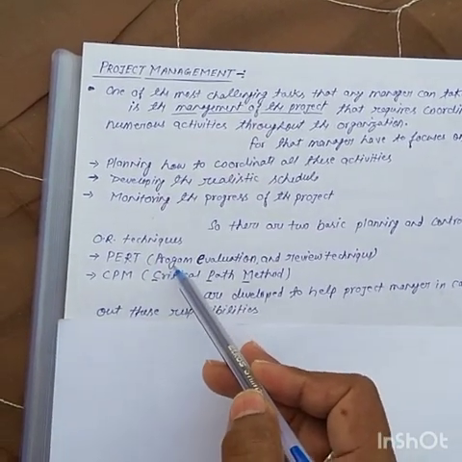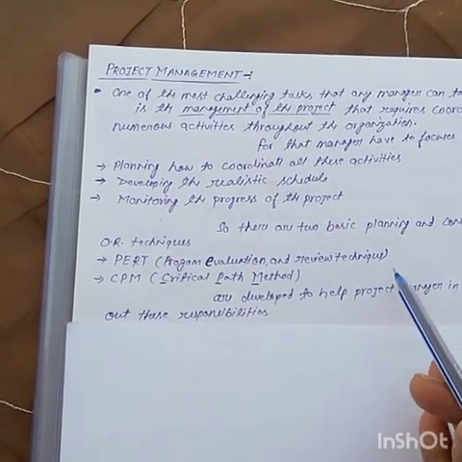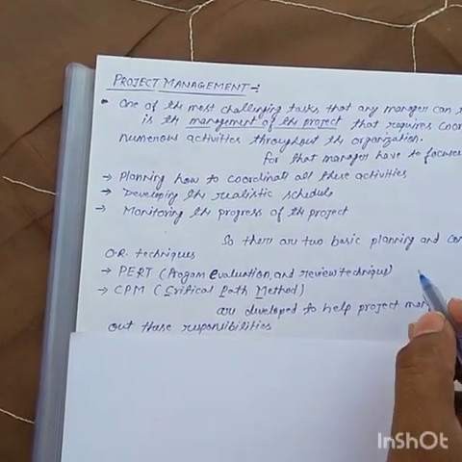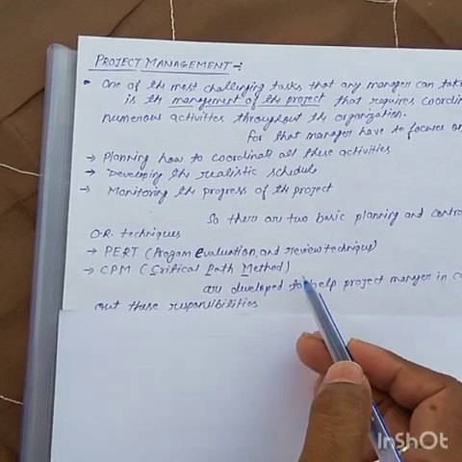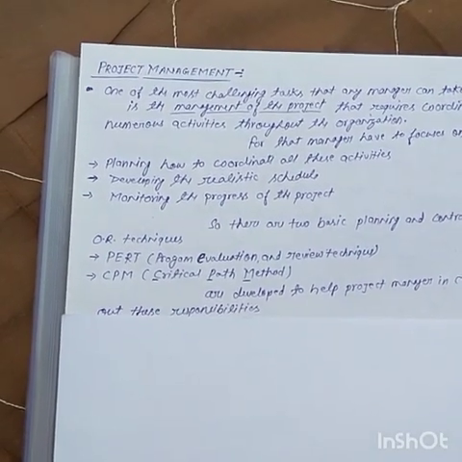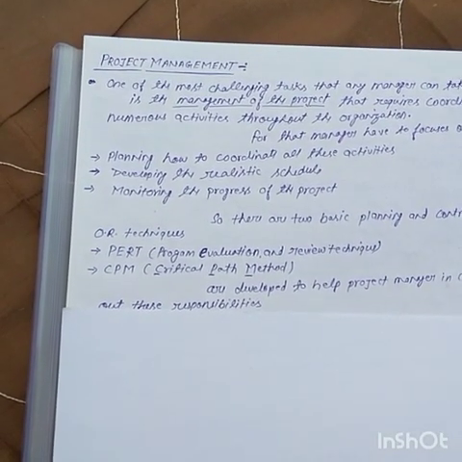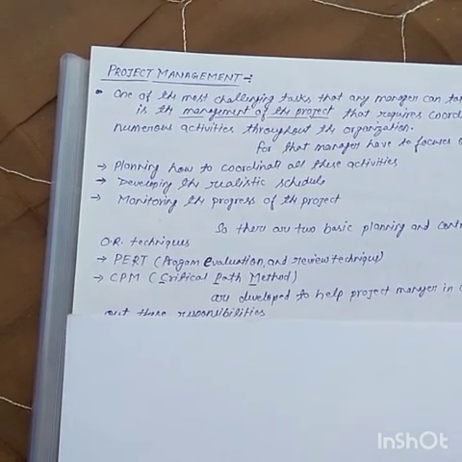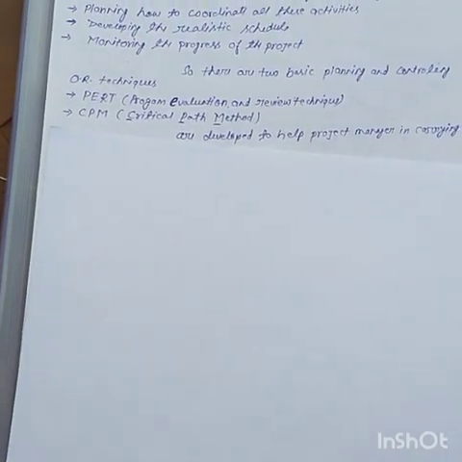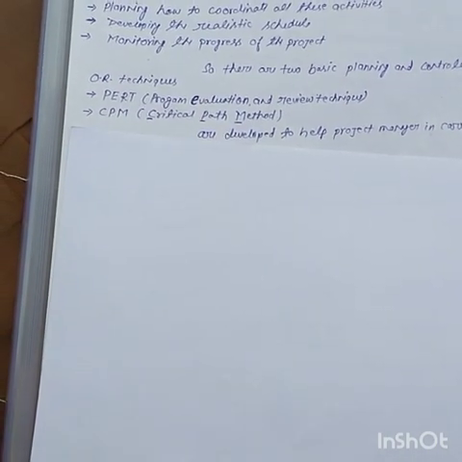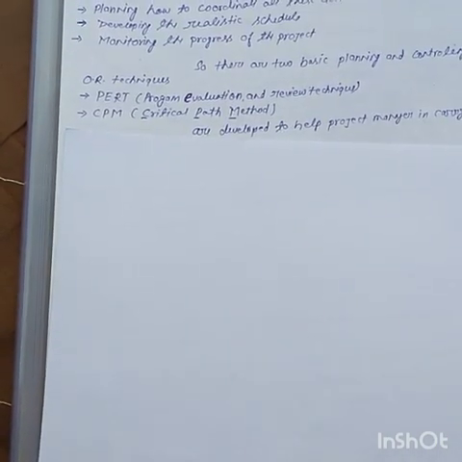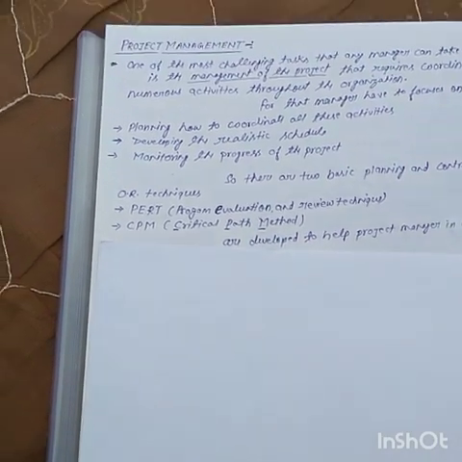PERT is the Program Evaluation and Review Technique, which came into existence in the 1950s, and CPM is the Critical Path Method, which came into existence in 1957. We can discuss the meaning of PERT and CPM later on. Before that, we have to focus on project management first.